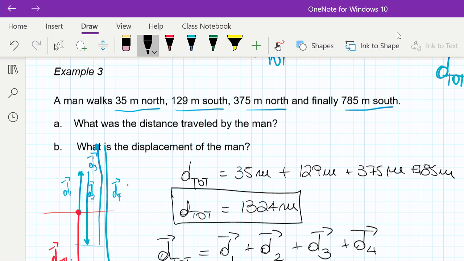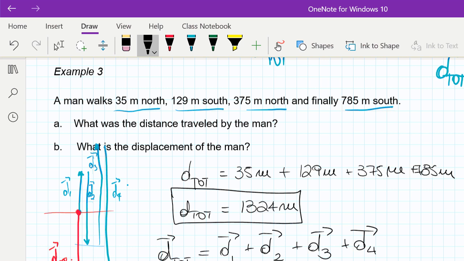D1 going north will be positive 35. D2 going south will be negative 129. D3 going north will be positive 375. And D4 finally going south will be negative 785.